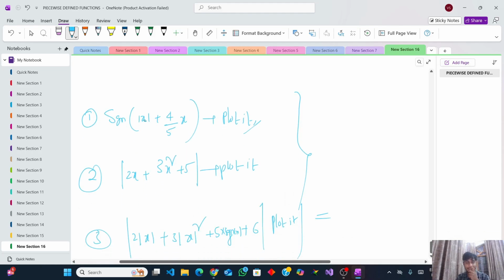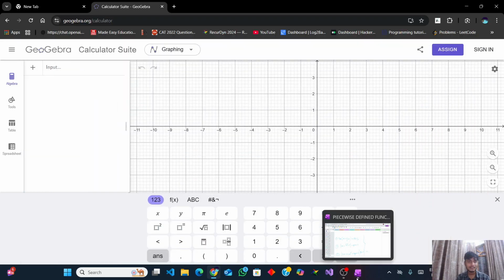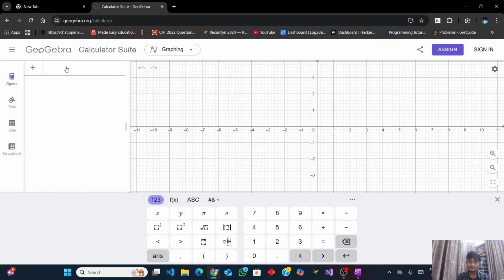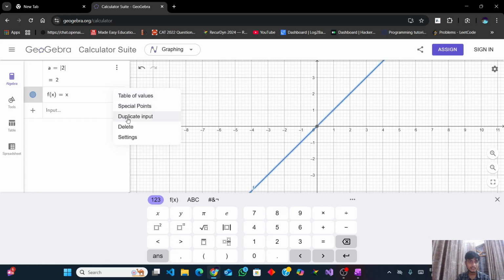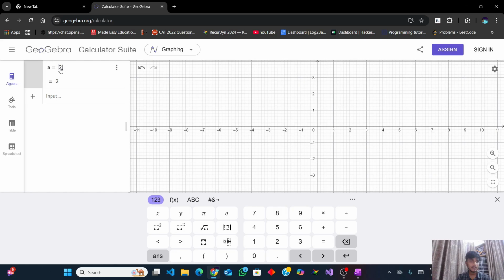Okay. Signum, think what you want to do, but I'm doing 2x plus x square plus 5. Mod. Okay. Even if you have no idea about the options, it's fine, here mod means, see. 2x. Oh sorry, I'll delete this. Okay. I'll do again.